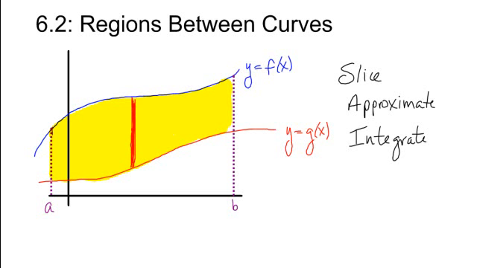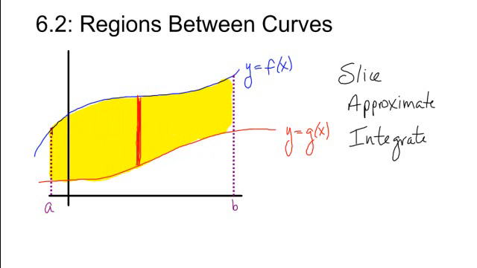In other words, no matter where I locate that slice, and the size of it would need to change, but whatever function determines the top of that slice and the function that determines the bottom of that slice remain constant. So f of x is always the top, g of x is always the bottom, no matter where I put that.